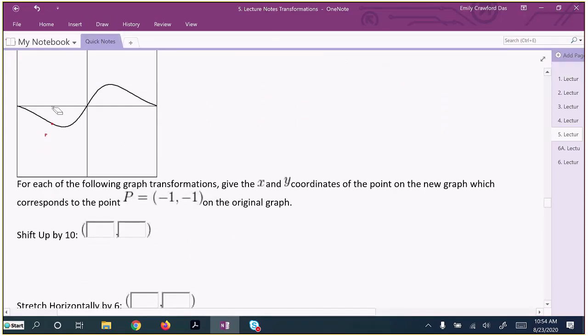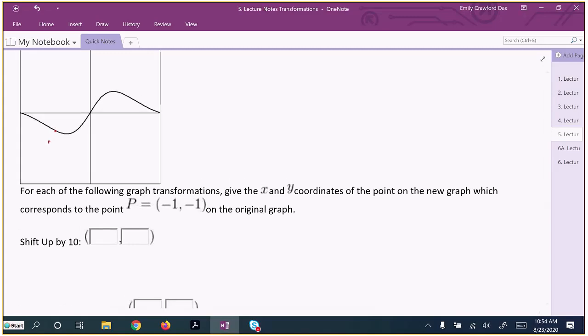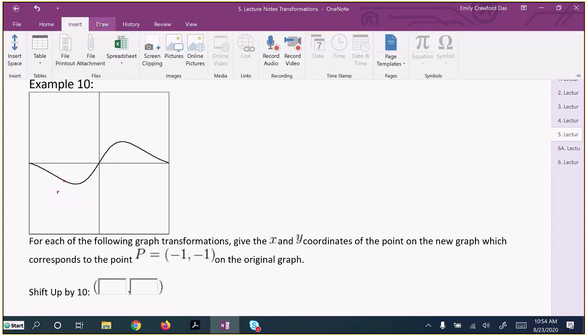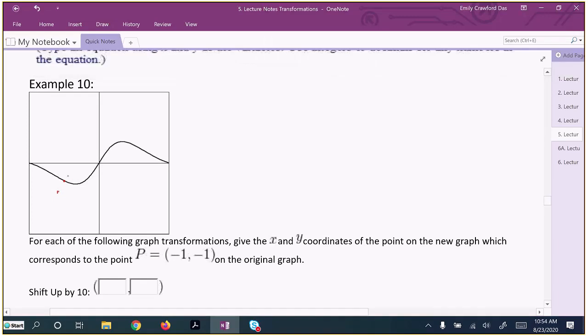Now we have, for each of the following graph transformations, give the x and y coordinates of the point on the graph which corresponds to the point -1, 1 on the original graph. Okay, so we don't have a scale here, but I think it's pretty safe to assume that this is -1, -1.